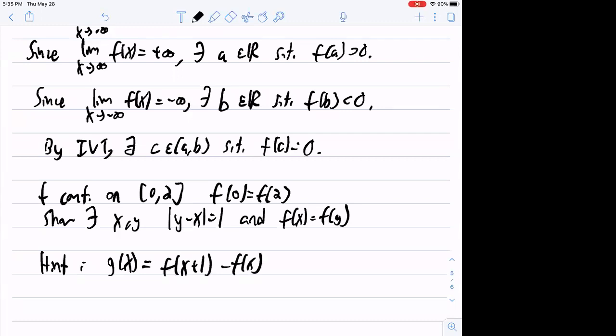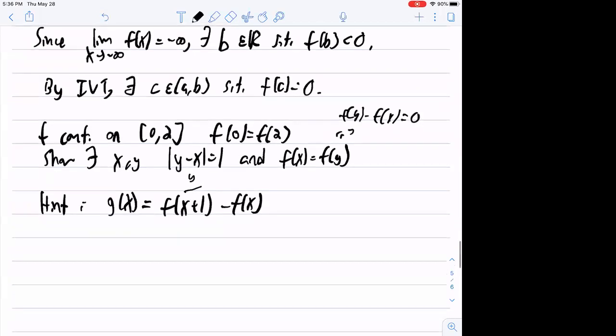So obviously, if y minus x has norm 1, you could think of y as x plus 1, right? So you should think of this like your y. So again, to show they're equal is the same as saying f of y minus f of x is 0, right? So again, we need to find values where g is bigger than 0 and g is smaller than 0.